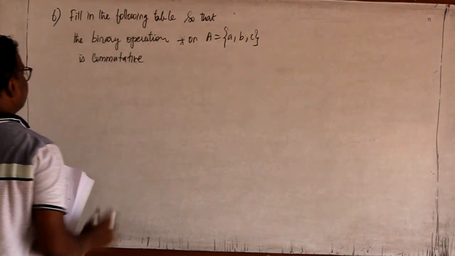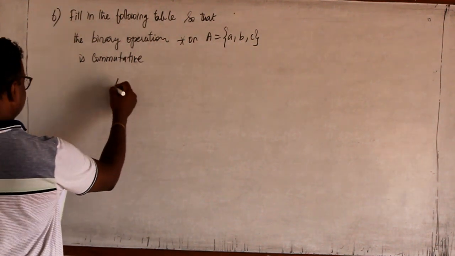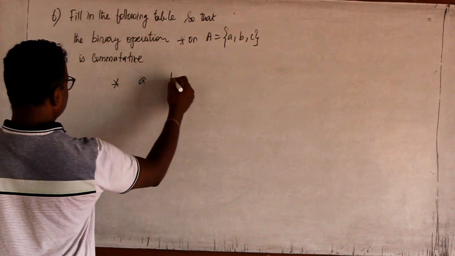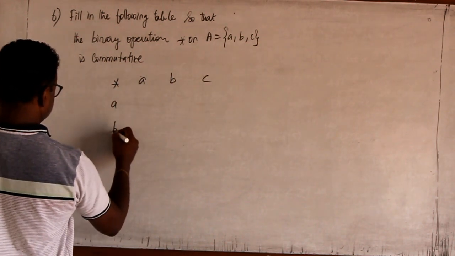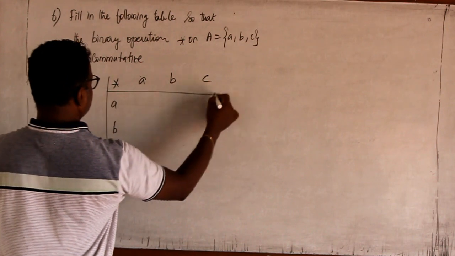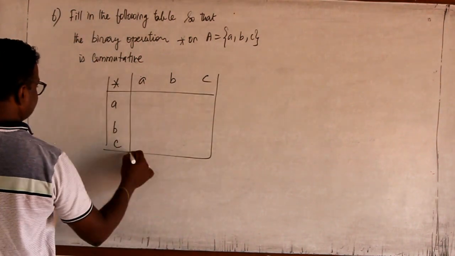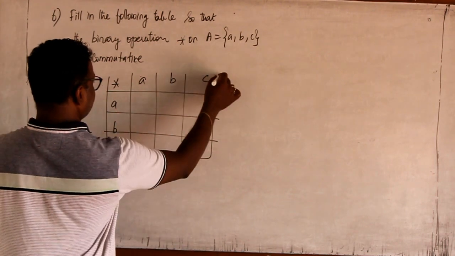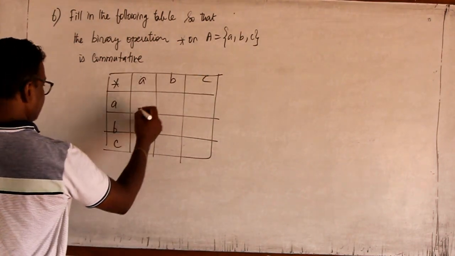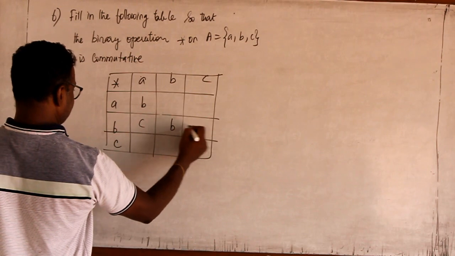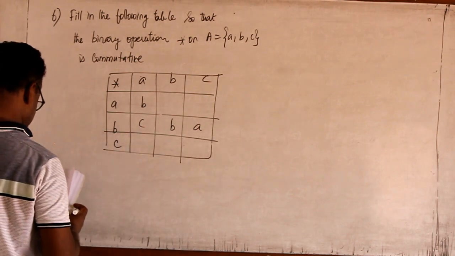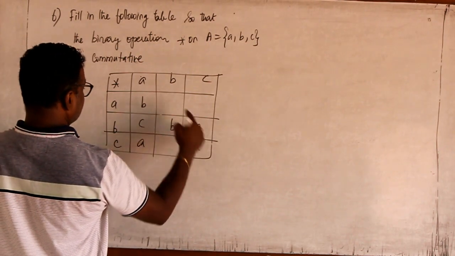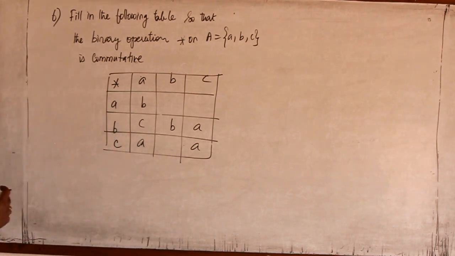That operation is already commutative. I have to fill this table. They gave A, B, C, A, B, C, and they filled only a few answers. The remaining answers I have to fill up. That's what they are asking. They gave B, C, B, A, A. I have to fill up these three things.